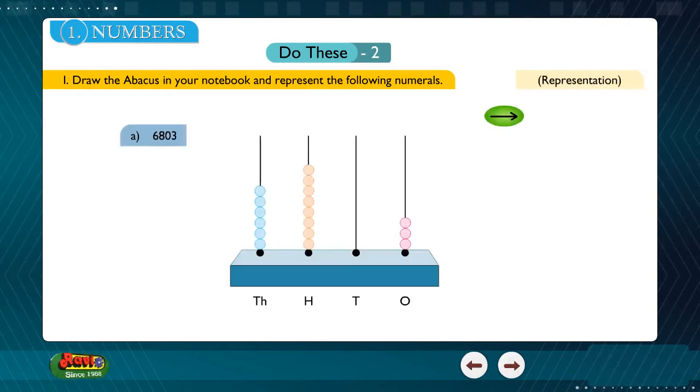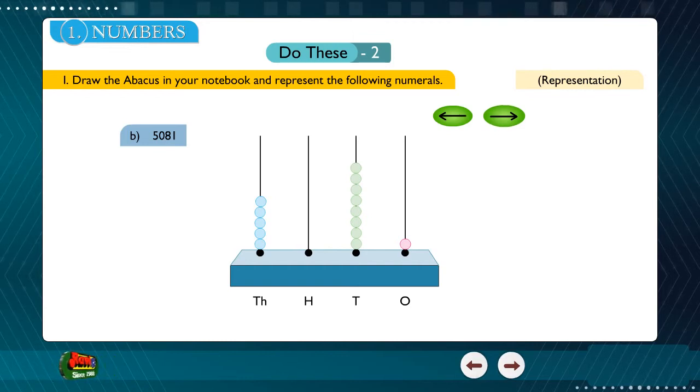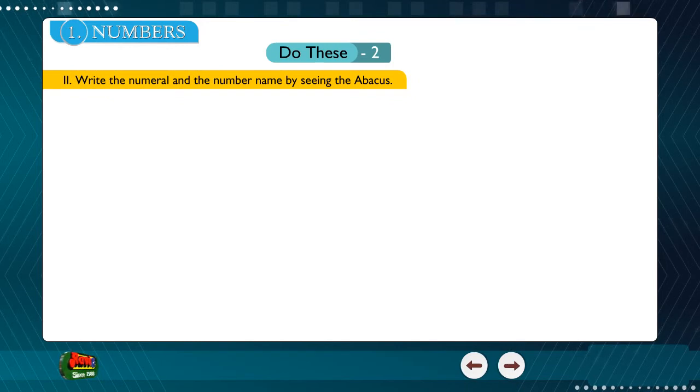Representation. 2. Write the numeral and the number name by seeing the abacus. Representation.